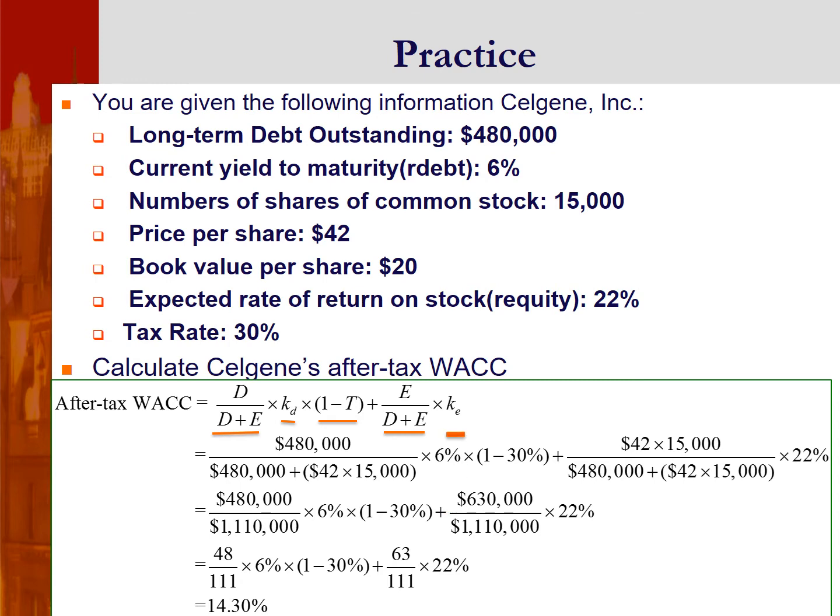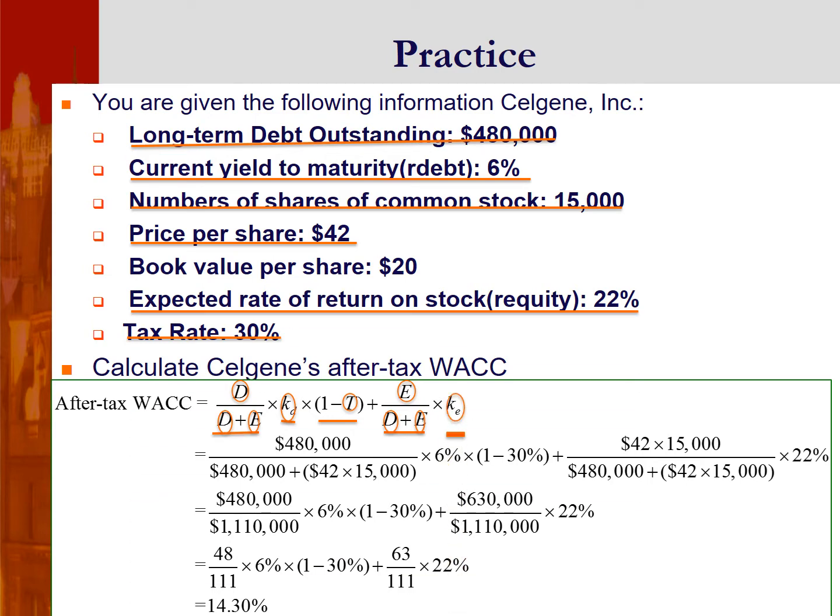We have debt value equal to $480,000, equity value equal to market price of $42 per share times number of shares of common stock, which are 15,000, pre-tax cost of debt equal to 6%, tax rate equal to 30%, and cost of equity equal to 22%. After calculation, we obtain that the after-tax weighted average cost of capital is 14.30%.